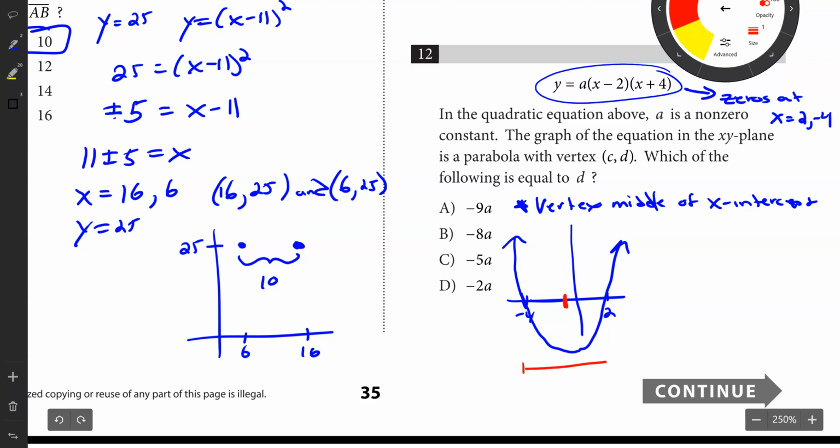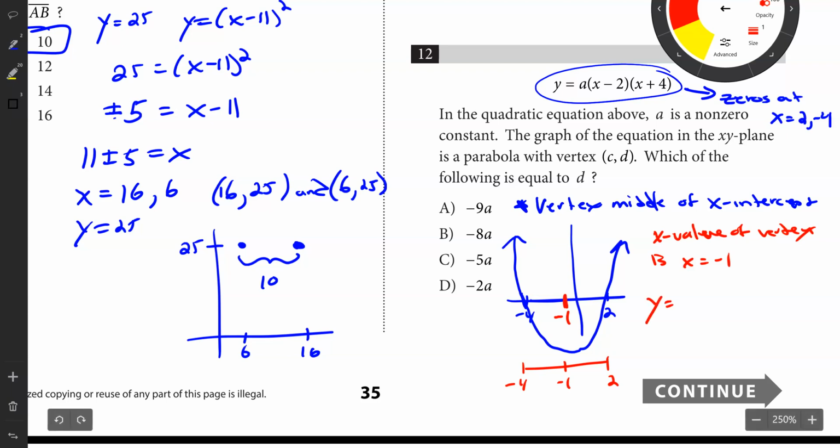So what number is between these two? I'm going from negative 4 to 2. Think about a number line. Negative 1 is right in the middle, because I would go 3 to the right, 3 to the left. So the x value of the vertex is x equals negative 1. Well, find the y value then.